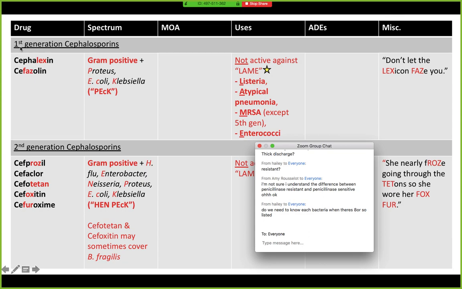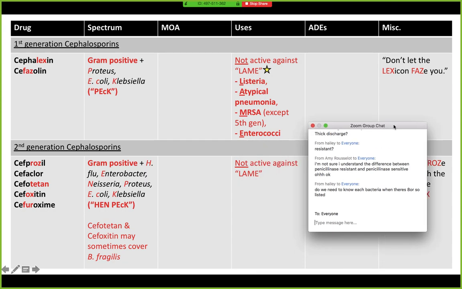So make sure you know all of the antibiotics that fall under first generation and all those under second generation. First generation, don't let the lexicon faze you: cephalexin and cefazolin cover gram-positives plus PEC, so Proteus, E. coli, Klebsiella.